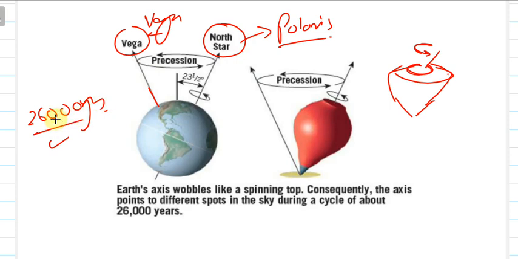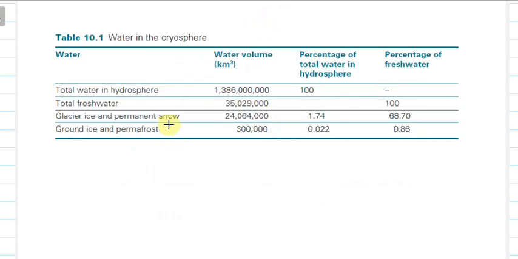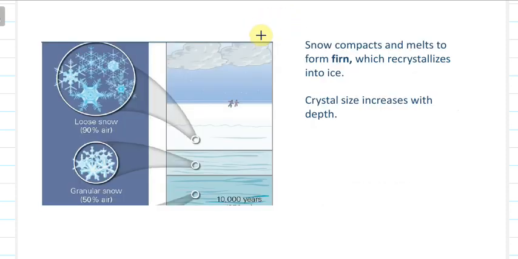But after 26,000 years, your North Star will be known as Vega. Okay, because the axis will be pointing here. So this is also causing the Earth to receive different rates of radiation, and in turn causing climate change. Okay, so this was something about your glacial maximum, glacial minimum, and your cryosphere.